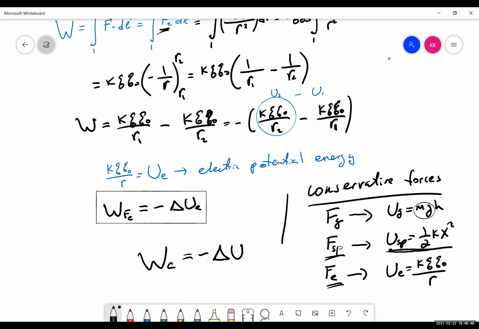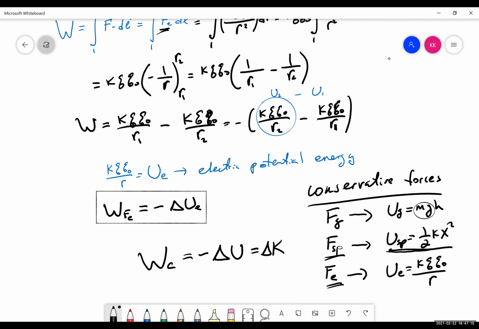Now, there was a general theory, the work-kinetic energy theorem, which says that whenever work is done on a system, it goes into changing kinetic energy. All forces, whenever they do work, change the kinetic energy of the system. But when a conservative force does work, it also changes the potential energy of the system.